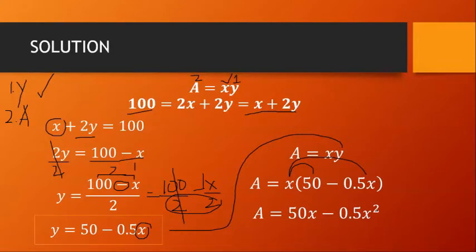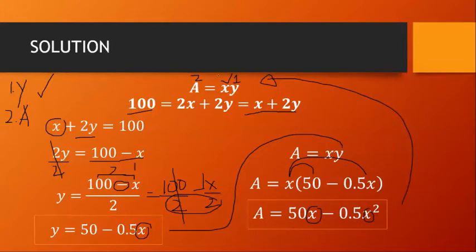So, our final answer here is the function of area is equal to 50x minus 0.5x squared. Ito na yung final answer natin. Wala na tayong problem, kasi in terms of x na lang yan. Unlike this one, katulad nga nung sinabi ko kanina, mahirap kapag dalawang variables pa yung kailangan mong hanapin. Okay?